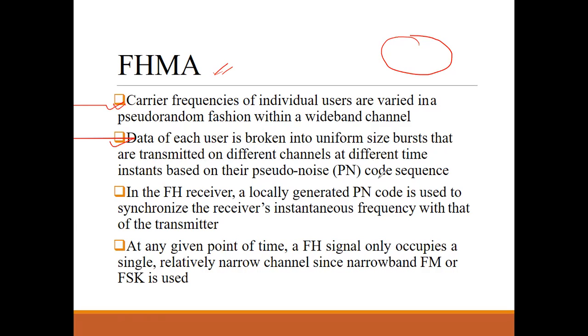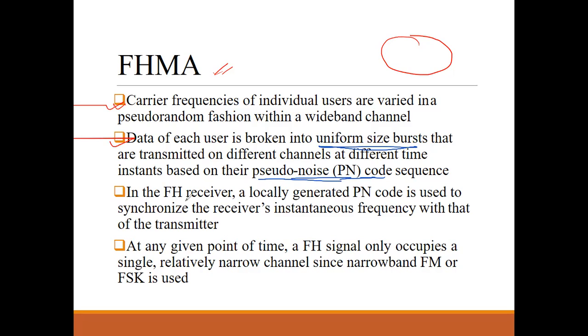So for each uniform size burst, अब ये जो bursts हैं, ये burst कहाँ से आ रहे हैं? From different users, their data will be there, and these get multiplied with some pseudo random noise or pseudo code sequence. Okay, so they are differentiated by using these codes.